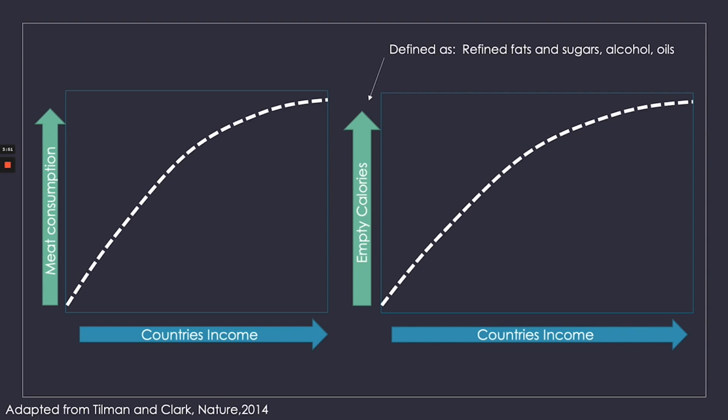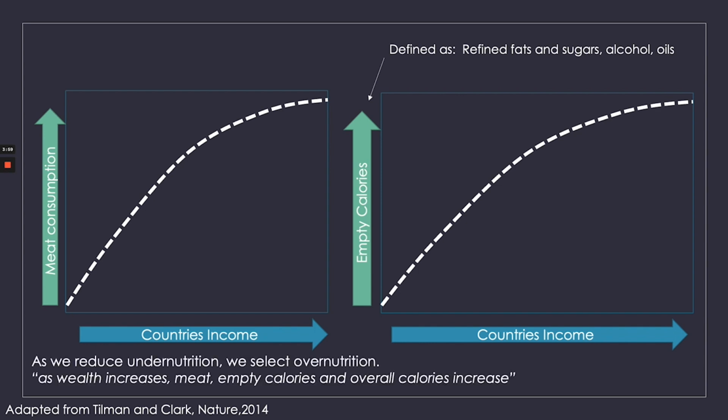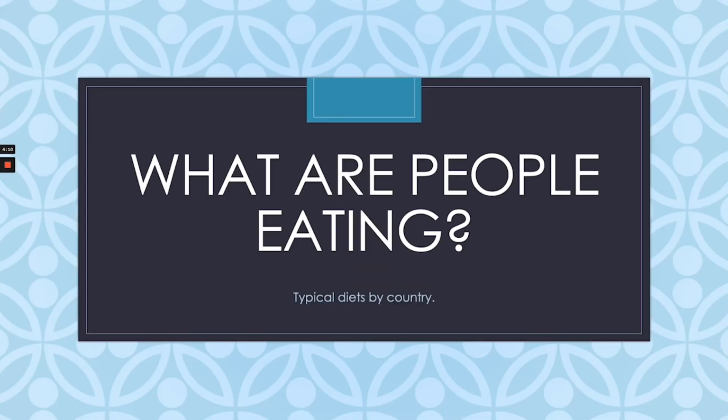And we'll get into that next time. And neither of these patterns are sustainable for long-term health or the environment, as we'll discuss later. Actually, as we reduce undernutrition, which we are working at, we tend to select for overnutrition, which can be the issue. So let's take a look at the typical foods people are eating throughout the world based on country.